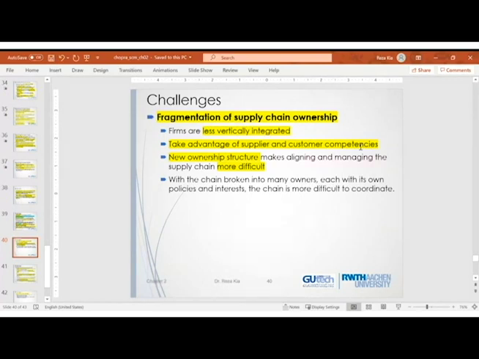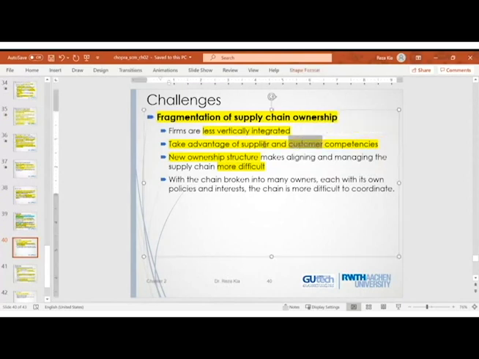And this is happening because now the supply chain is seeking to take advantage of supplier and customer competencies together. Here, the customer doesn't mean the final customer. In each cycle, you have one supplier and one customer. So the competency that could be exploited between supplier and customer is encouraging the supply chain to break down the vertical ownership into horizontal ownership.